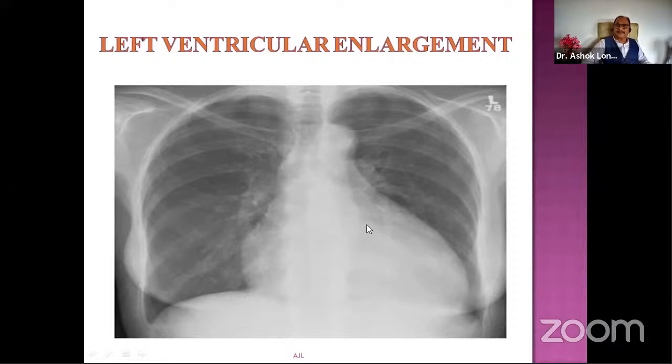Stenosis of the mitral valve is very common, and it is a chronic disease following rheumatic fever, we say.